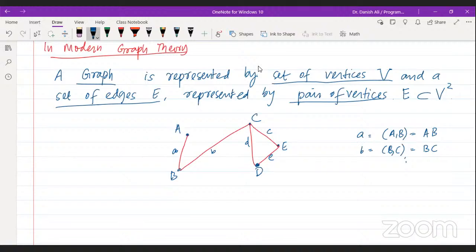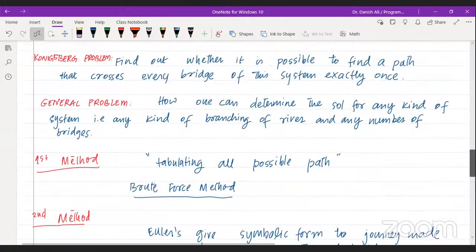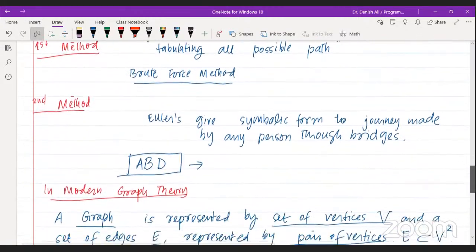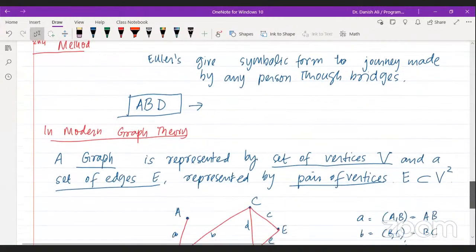So this is the basic idea, and it is a very important idea, which leads to the solution of the problem: the idea of denoting the journey or the walk by a symbolic notation.